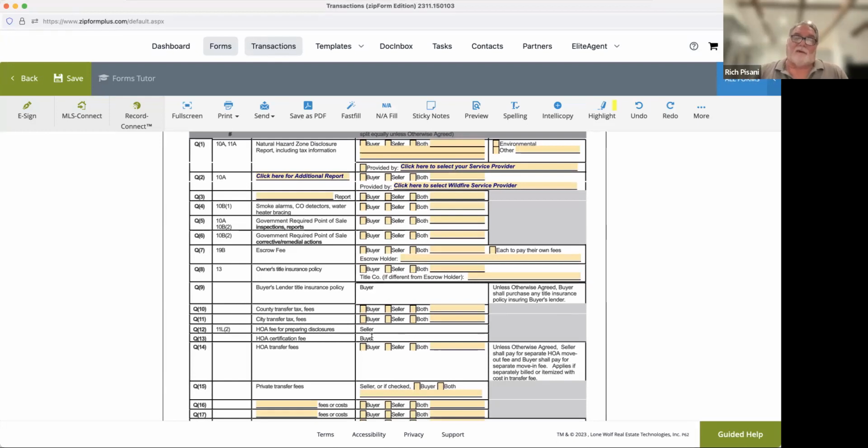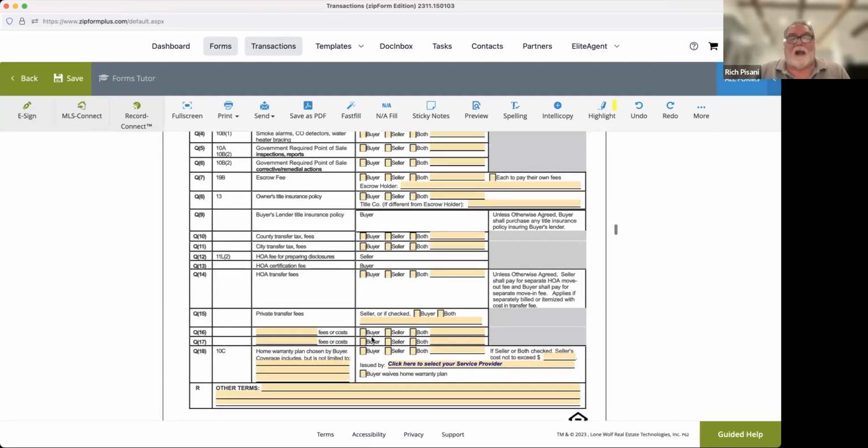Then HOA transfer fees, unless otherwise agreed, seller shall pay for separate move in, move out. So sometimes the seller gets charged to move out of an HOA area and the buyer pays to move in. So that's that. Private transfer fees, just check seller if applicable, because it should show up on title if there are private transfer fees.